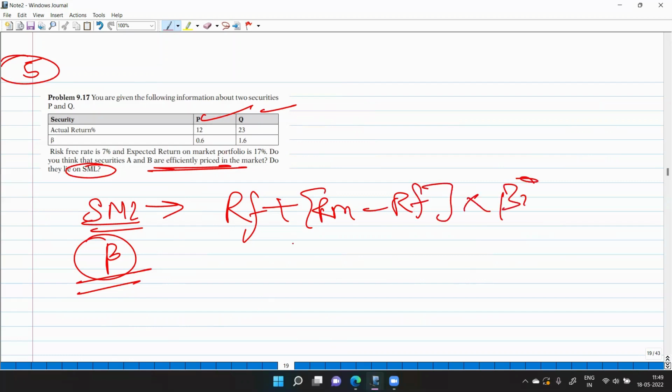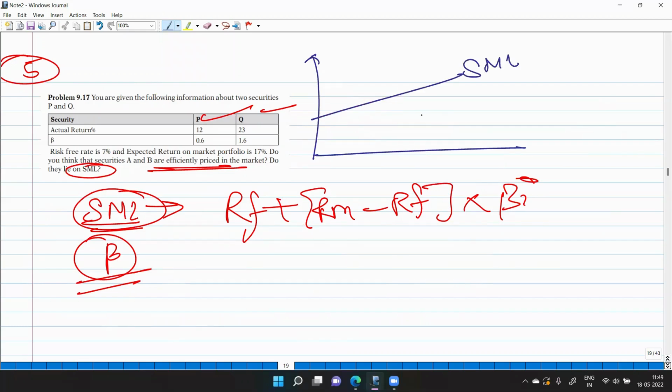ठीक है, तो अगर मुझे ये सारी इंफॉर्मेशन दी हुई है, I can easily calculate the SML and then I can easily judge कि मेरा ये efficient है या नहीं है. ठीक है, and SML का डायग्राम is like this. अगर securities overpriced है तो वो यहाँ आएंगी और अगर वो underpriced है तो वो यहाँ आएंगी. ठीक है, efficient वाली यहाँ आएंगी.